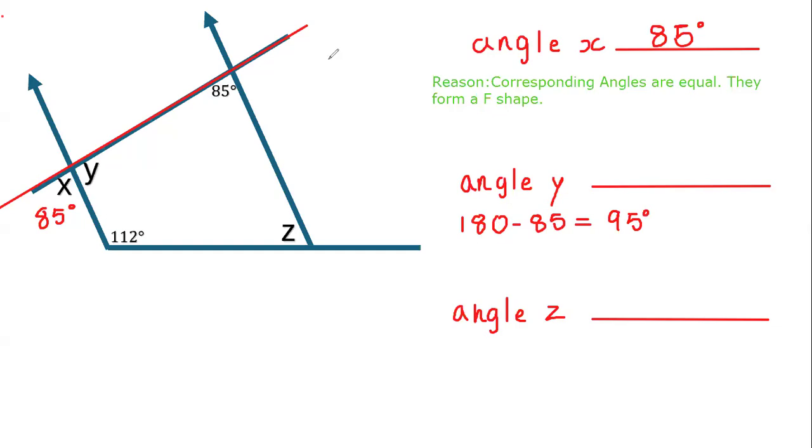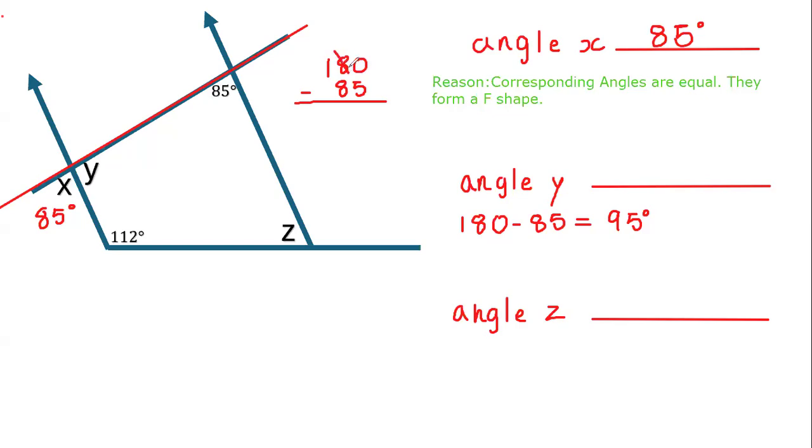So 180 minus 85. 0 minus 5, we can't do that.